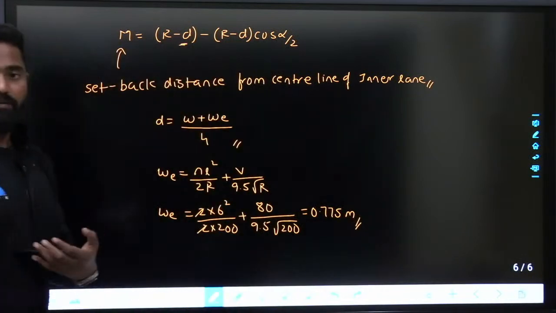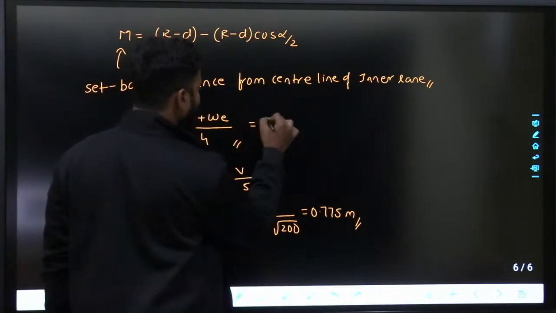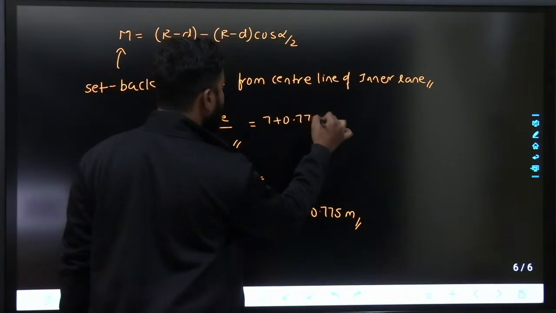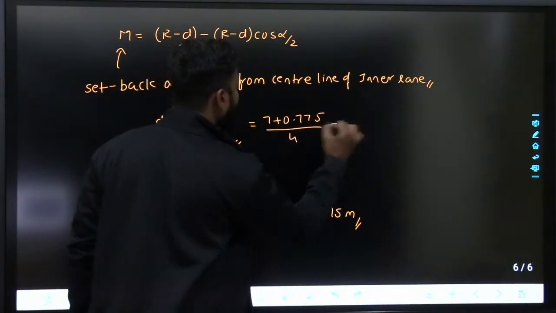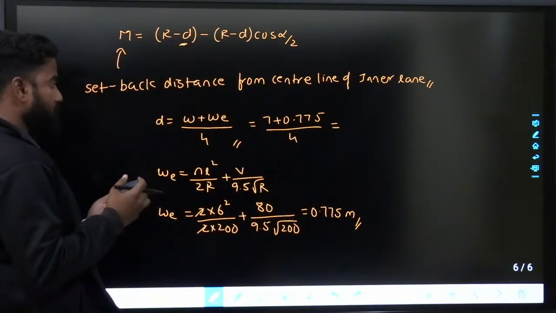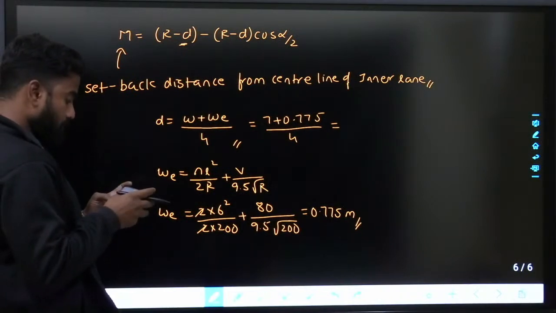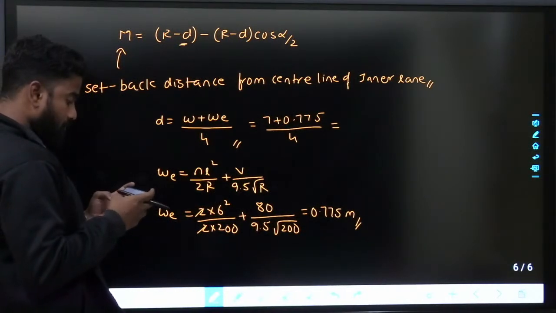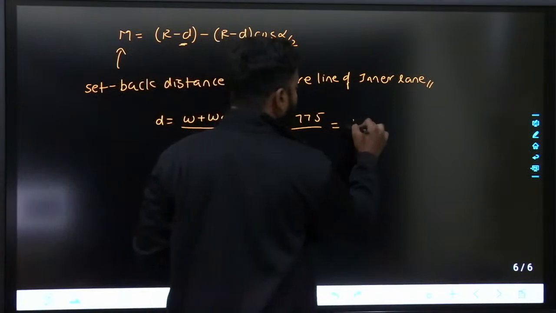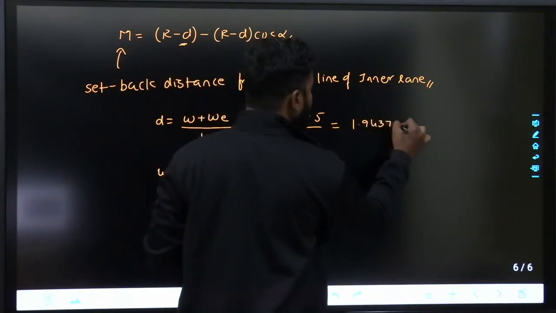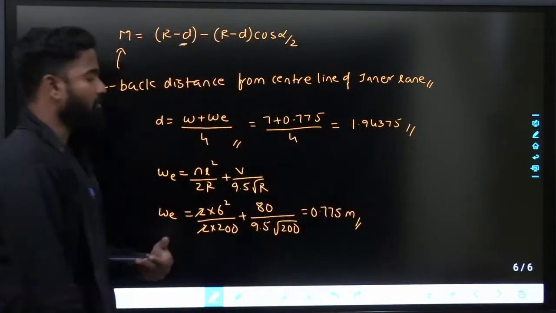This is the extra widening. And D would be equals to 7 plus 0.775 divided by 4. So this is 1.94375. You can approximately take 1.94.